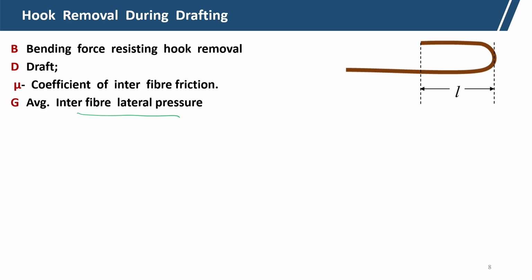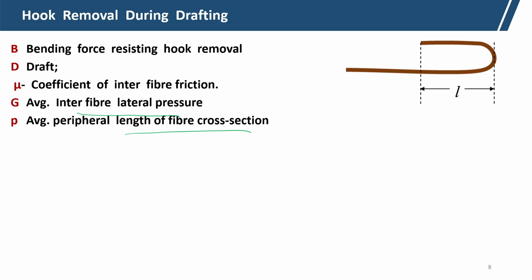So, G is the average interfiber lateral pressure, and this lateral pressure comes from the top roller pressure and the fiber rigidity. Then, the average peripheral length of the fiber cross section. Peripheral length means the periphery of the fiber.